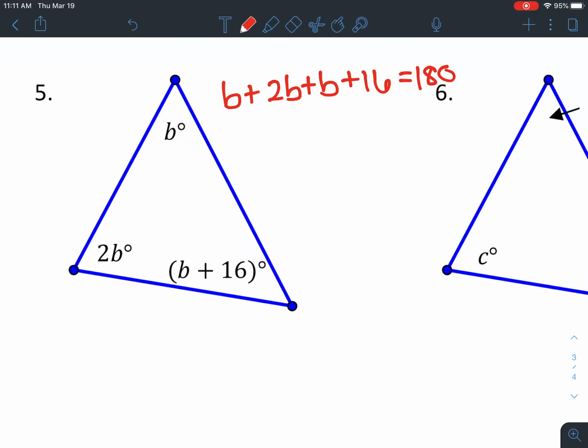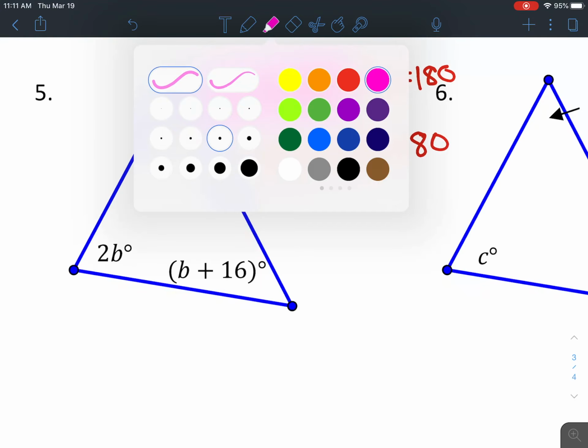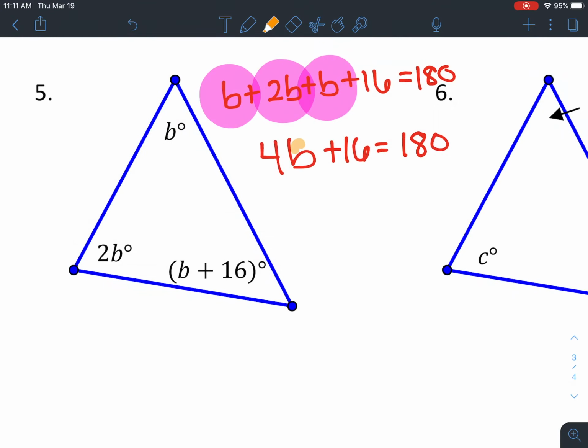And again, it's a triangle, so it has to equal 180 altogether. So first step, combine like terms. B plus 2 more is 3, plus another one is 4b total. I can't do anything with that 16, so we just bring it down. Equals 180. So now remember back to solving equations. We're trying to get b by itself.